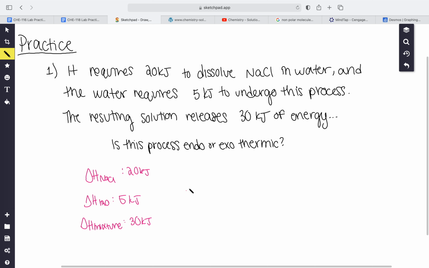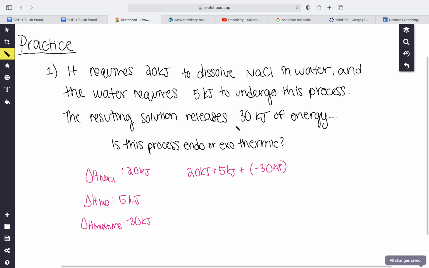Okay, so it's actually going to be negative because it's releasing it, so that's going to be negative 30 kilojoules. So we're going to add them all together. So we have 20 kilojoules plus 5 kilojoules plus a negative 30 kilojoules.